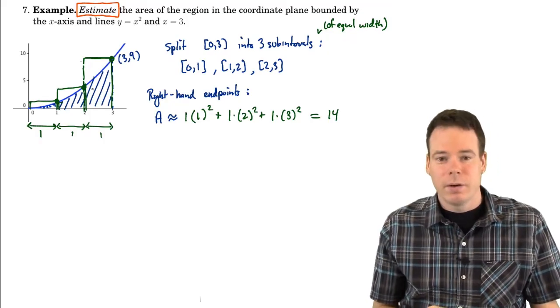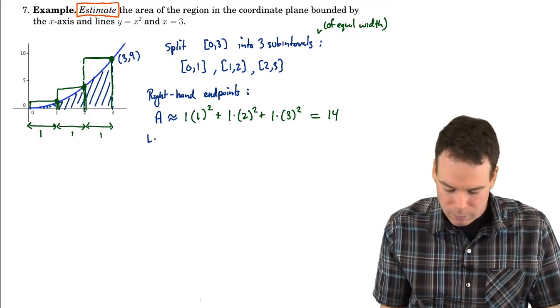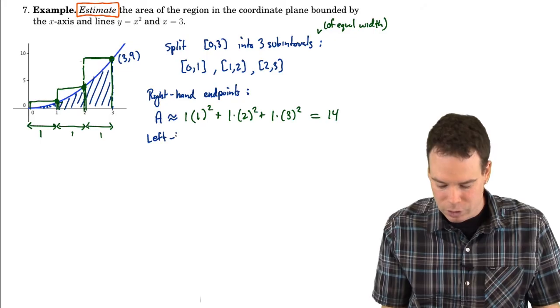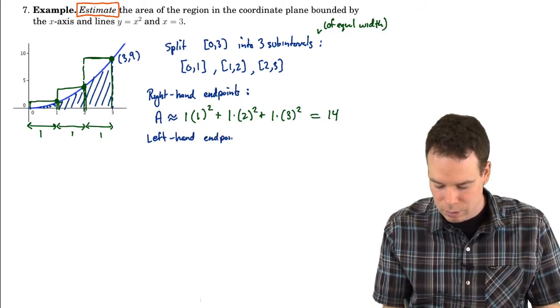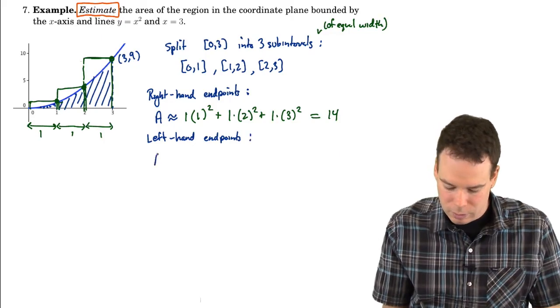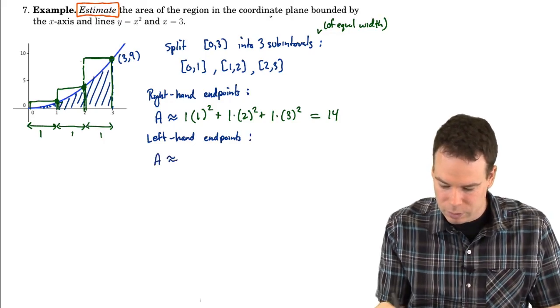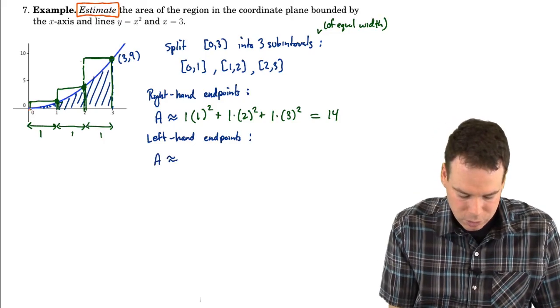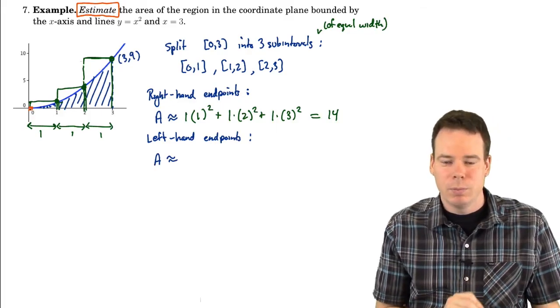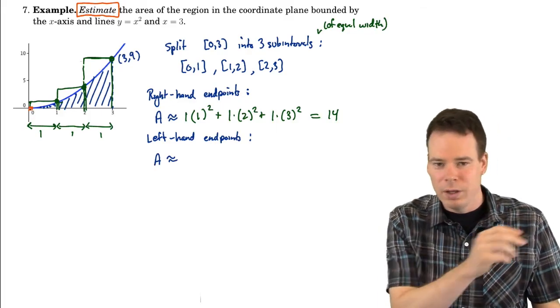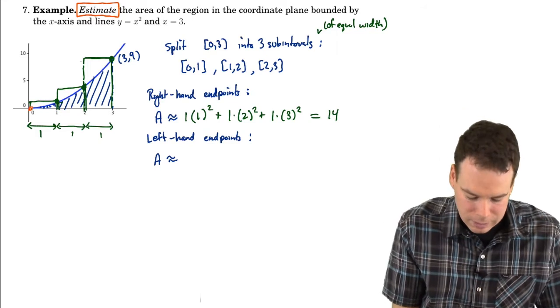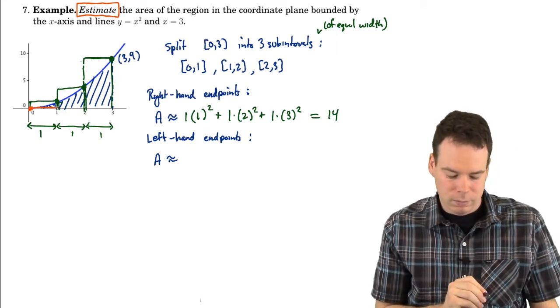So I know my actual area is smaller than 14. But I had some flexibility in how I choose to cap off these rectangles. Another choice I could have used is our left-hand endpoints. What are our left-hand endpoints going to do? Well, on each interval I choose the left-hand endpoint, go to the function value, and draw a horizontal line to cap off that rectangle.